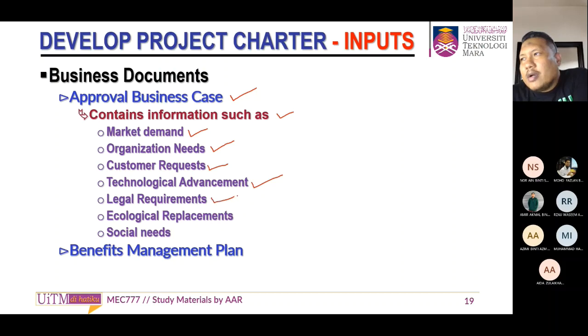Okay, legal requirements, this one for sure we have. Ecological requirements, in the case of the hospital project, we don't have ecological replacement since we have our own land and all that. Social needs, sure, social needs. If you go to the hospital, we can see how the hospital has been developed.